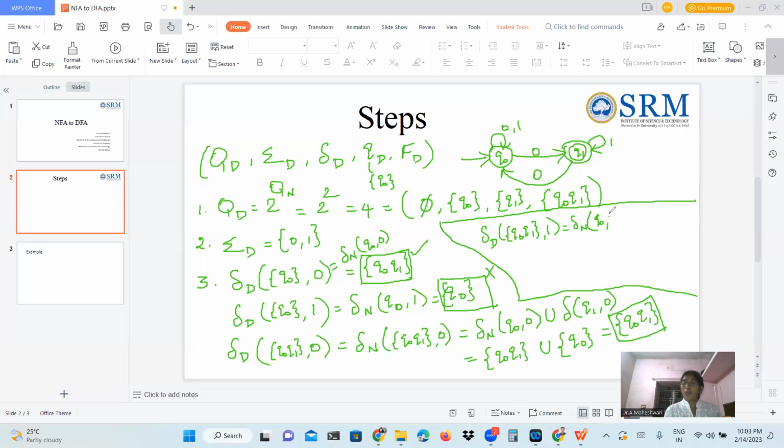So NFA of Q0, comma 1, union, NFA of Q1, comma 1. Q0, comma 1 is only one state, Q0, union Q1, comma 1 is again only one state, Q1. So together Q0, Q1. Okay, that's it.